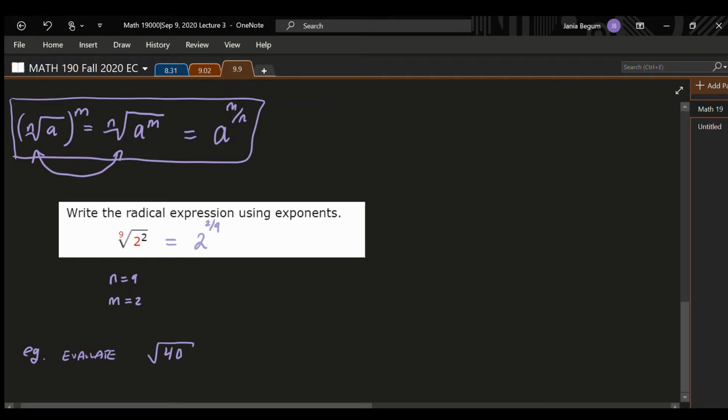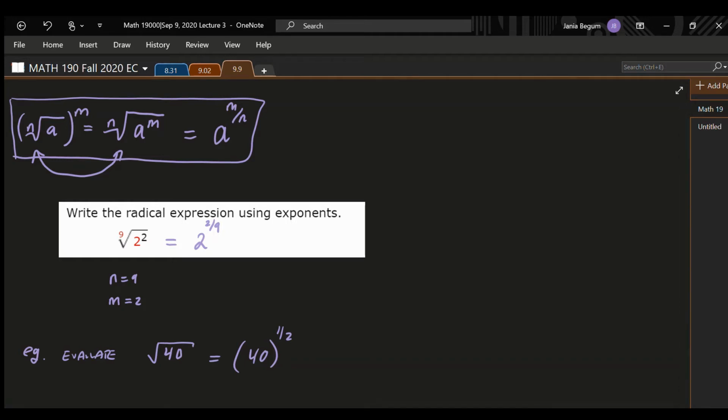You can think there is a 1 there and there is a 2 here. Usually if it's a square root, we don't write the 2. And if the power is 1, we still don't write it, or else our math textbook will be really thick. So you can write this as 40 to the power 1 over 2 in exponential form. But again, that's not needed. It's just if the question asks, then you want to.